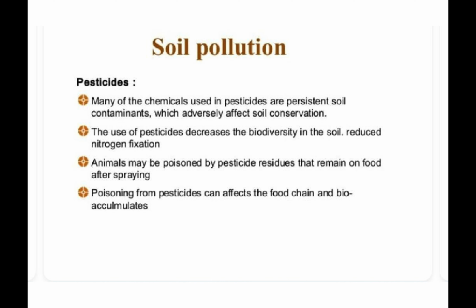Then animals may be poisoned by pesticide residues which remain on food even after spraying. Certain grass-eating animals cannot consume all these poisonous plants, and the food materials are really harmful to animals as well as human beings. And poison from pesticides affects the food chain and bioaccumulates.